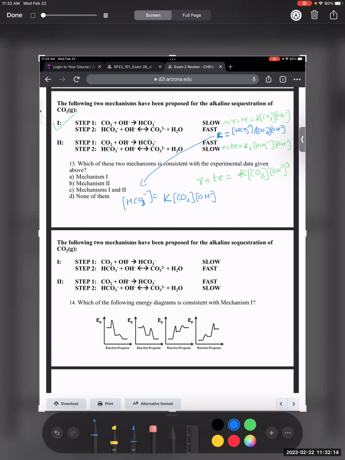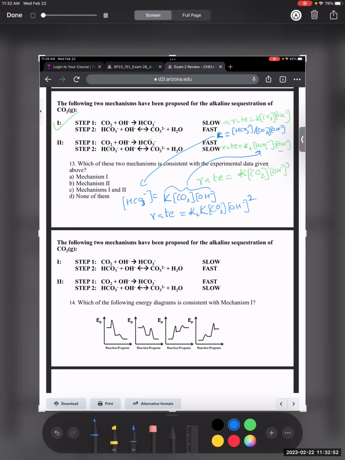So if we plug in this value for HCO3 minus over here, we're going to get rate is equal to rate constant 2 times equilibrium constant times K times CO2 and OH minus. And then I have another OH minus over here. That means it's going to be squared. Now it has the OH minus to the power of 2, but we don't care about that.